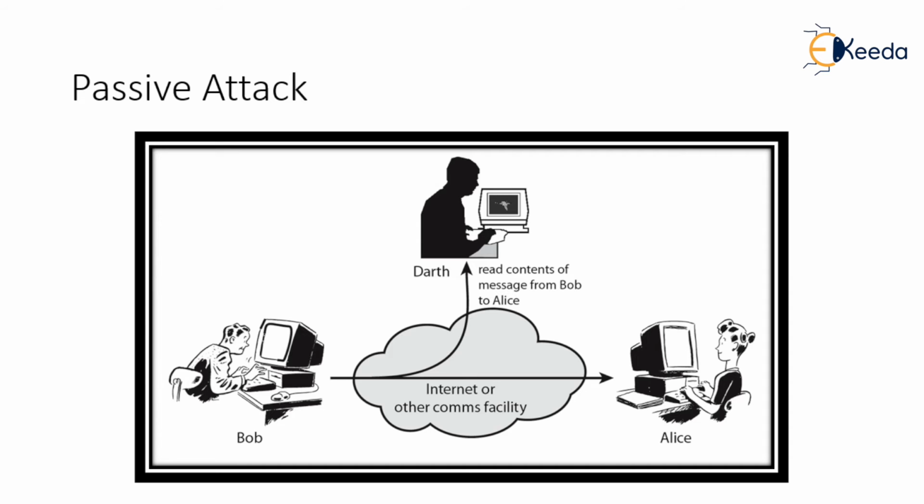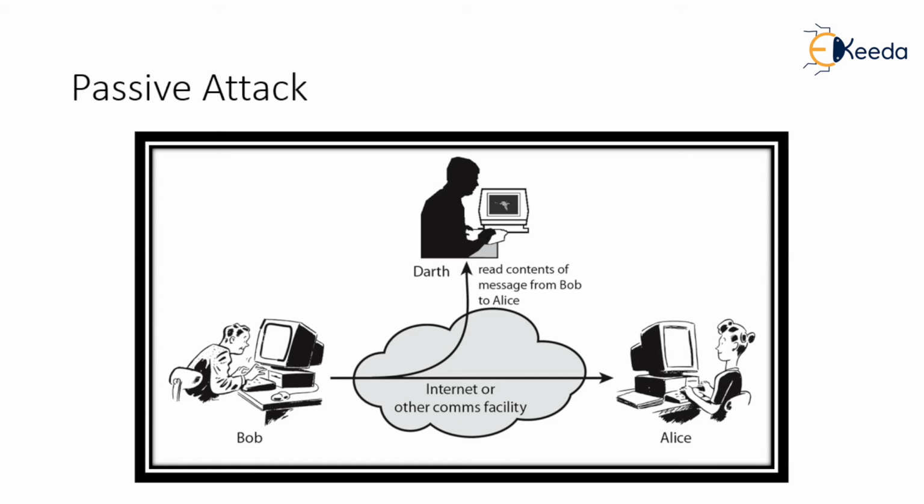The attacker will only read the content which the sender has sent for the receiver. Here the attacker is Darth, who is just reading the content of your data before it is received by the receiver. Bob and Alice are connected over the internet, and that communication link is being attacked by the attacker.